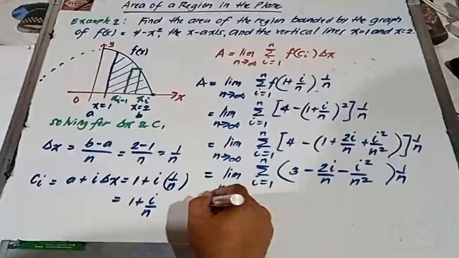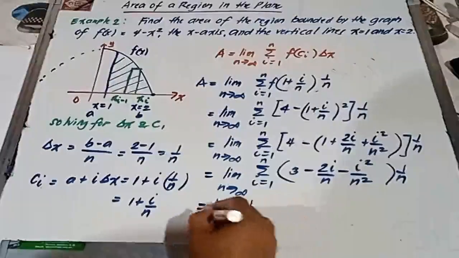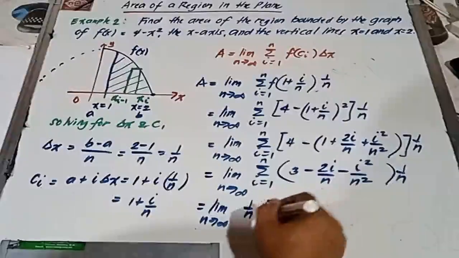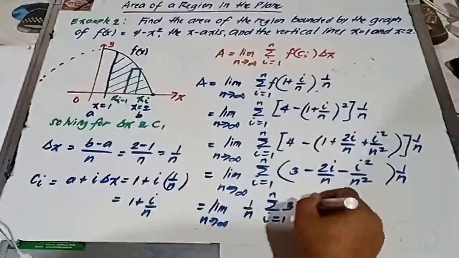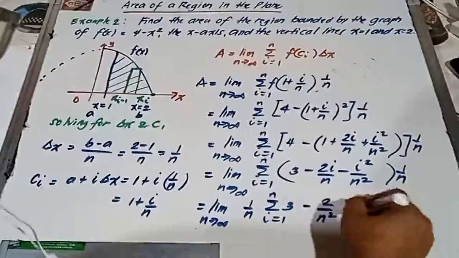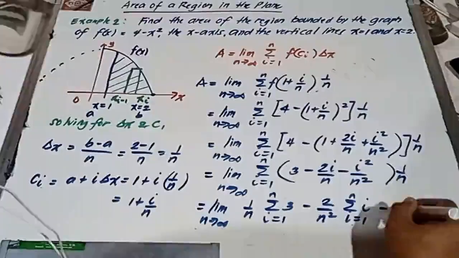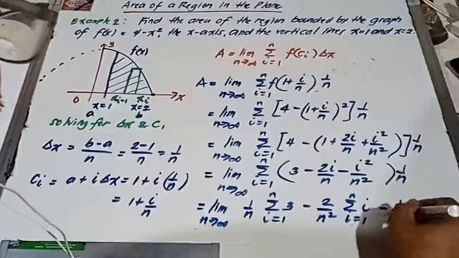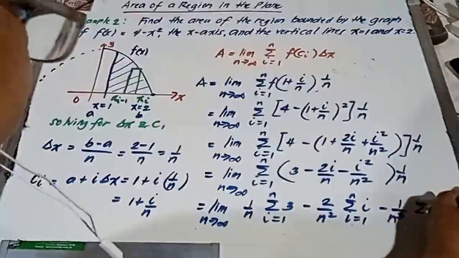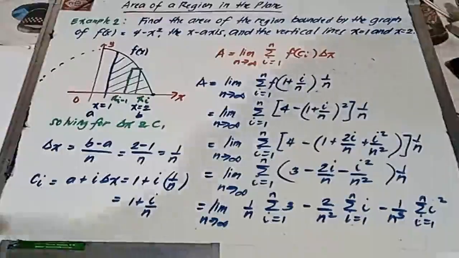That is limit 1 over n, n approaches infinity, summation of 3, i equals 1 to n, minus 2 over n squared summation of i equals 1 to n, minus 1 over n cubed summation of i squared, i equals 1 to n. Okay. Burahin ko muna to.